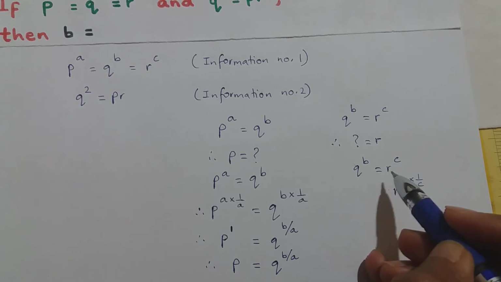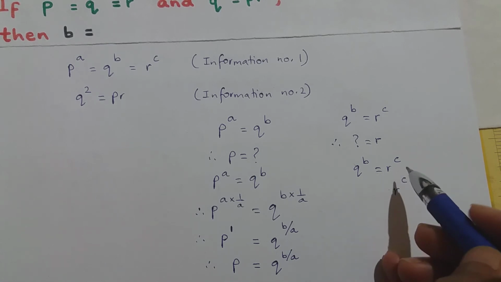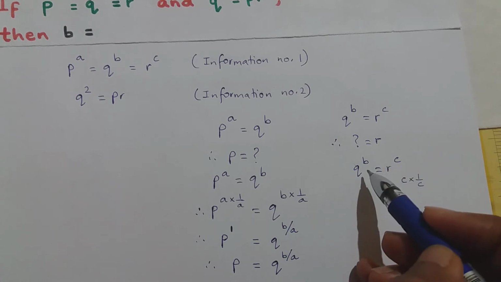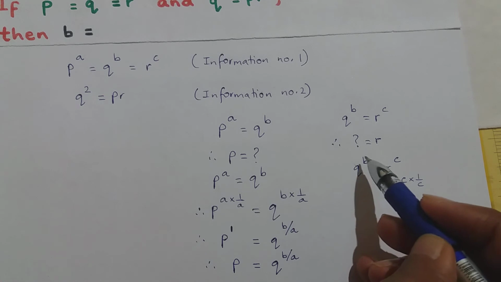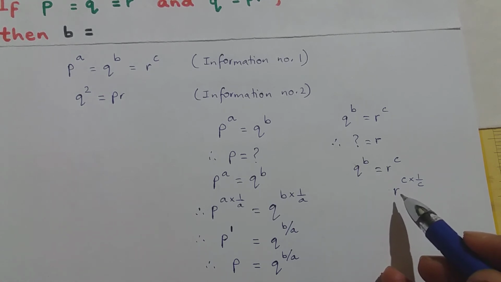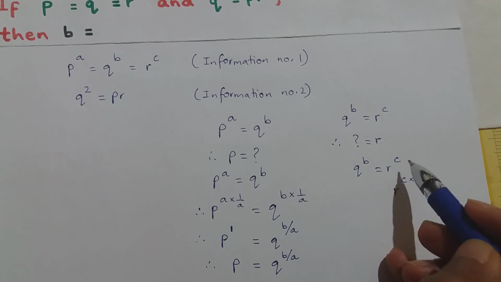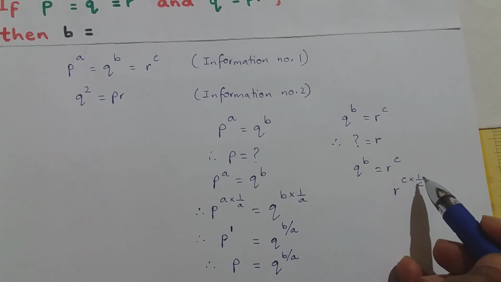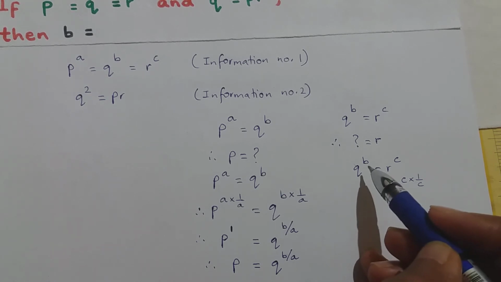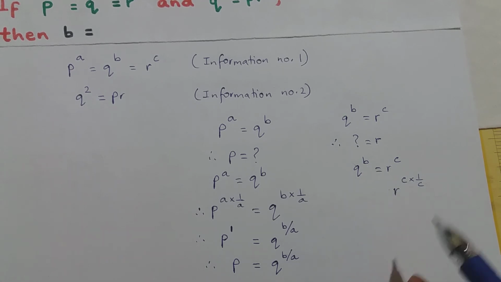Now this is an equation. So in order to keep it in equation form, whatever operation I am doing on the right hand side of the equation, the same operation I have to do on the left hand side also. Here on the right hand side, I am multiplying the power with 1 by c. So on the left hand side also, I have to multiply the power with 1 by c.